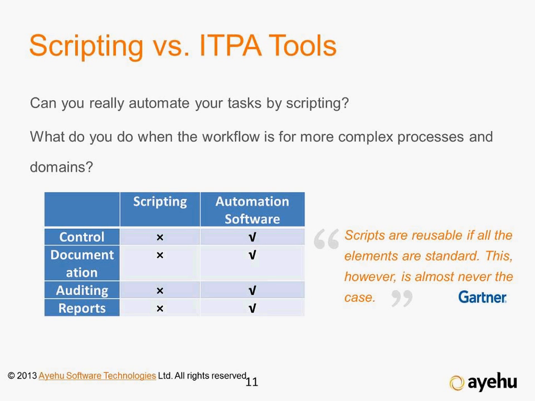Many organizations are using scripting for a lot of the problems that automation handles a lot better. Think about scalability with scripting. Can you really automate all of your tasks just with scripts? And what happens when things start getting complicated or crossing into other domains? The core fundamental question here is, do you have to be a high-level developer to write scripts, or can somebody with lower skills be utilized for implementing automation to do the same things?